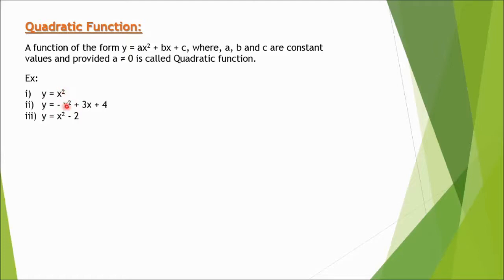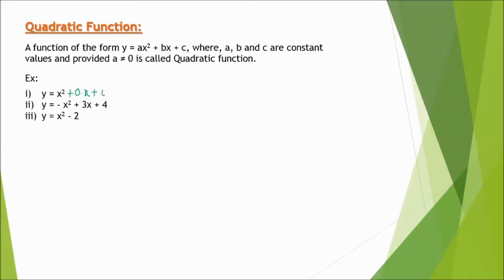So x square, you can see the degree is 2, that means it is a quadratic function, and all the functions you can see are in the form y is equal to ax square plus bx plus c. Here there is only one term, but we can verify it as a quadratic function in this way. We can add plus 0 dot x plus 0.